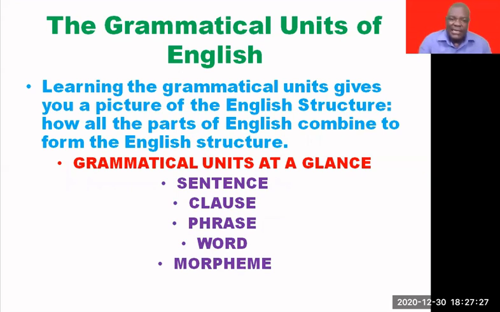But when we look at this in an ascending order, morphemes combine to form a word, words combine to form a phrase, phrases combine to form a clause, and clauses combine to form a sentence. These are the units of grammar at a glance.